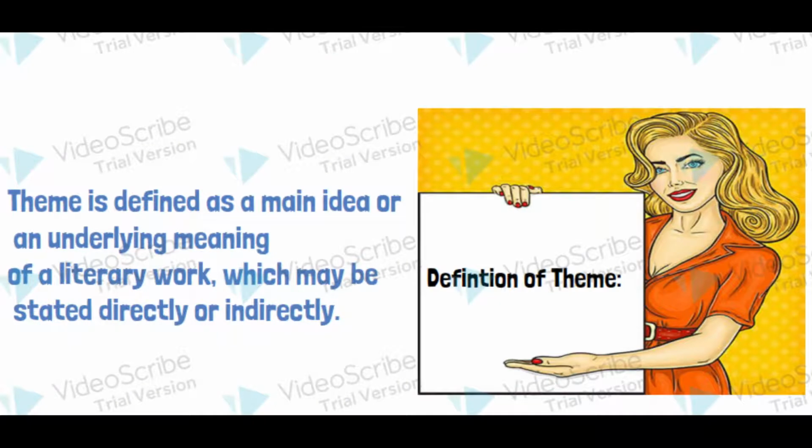So this theme, or this central idea, or this main idea that is discussed in a narrative, can be written directly so the reader can understand this story has that theme, or it could be indirect by just reading between the lines, having it indirectly.